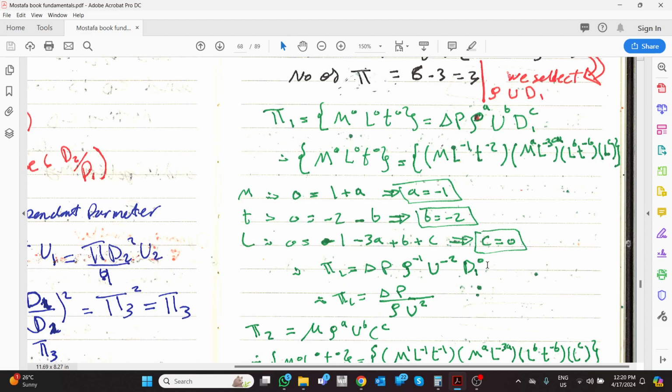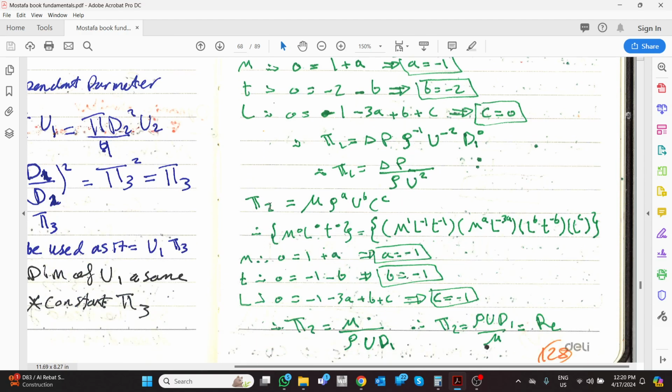Then you will get the first pi, which is delta P over rho u squared. Do the same concept for pi 2, which is this one. By the way, the inverse of it is the same, which is the Reynolds number.